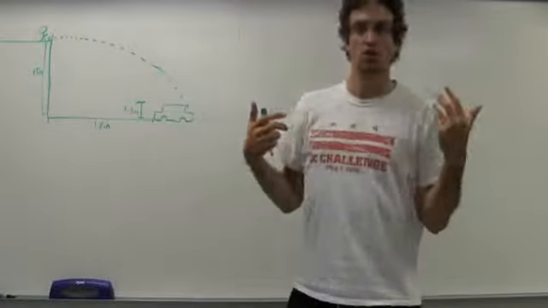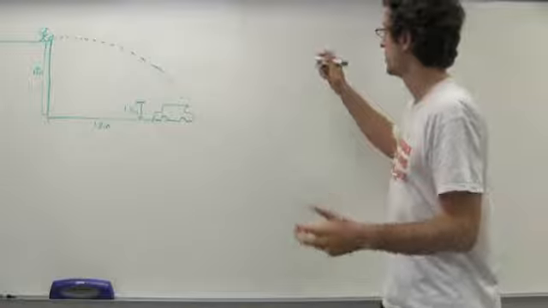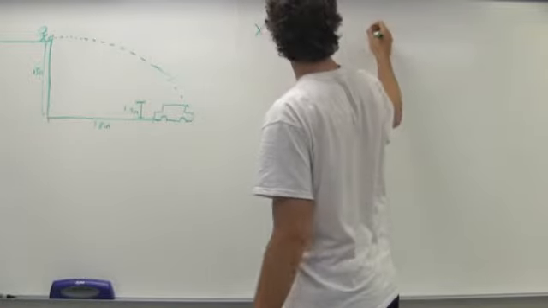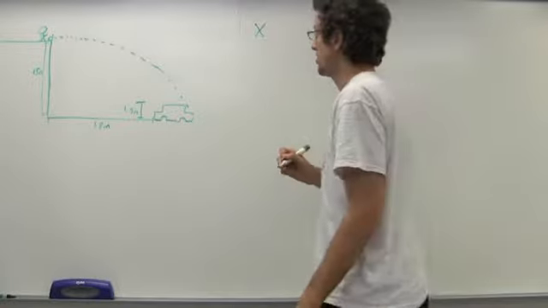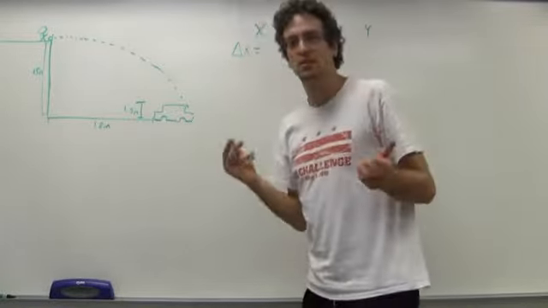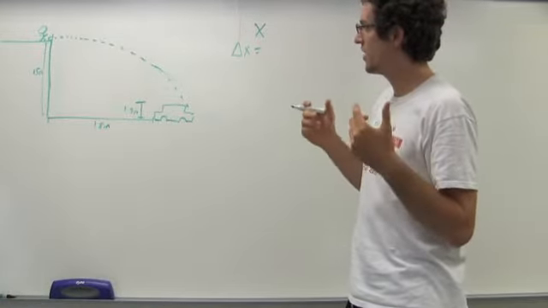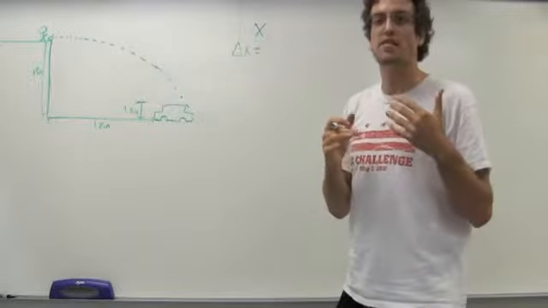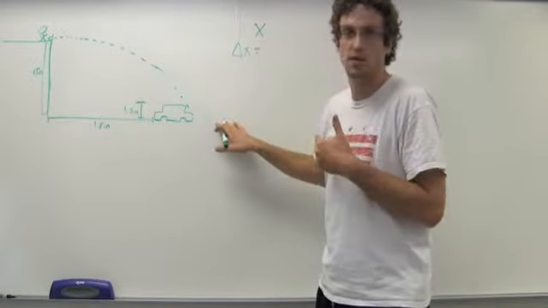Well, in any kind of two-dimensional problem, we want to break it up into X and Y. So first, we're going to write down what we know in X and what we know in Y. In X, we've got change in X. Well, let's wait on change in X. We don't know any of the X distance that actually refers to how far the pumpkin goes.